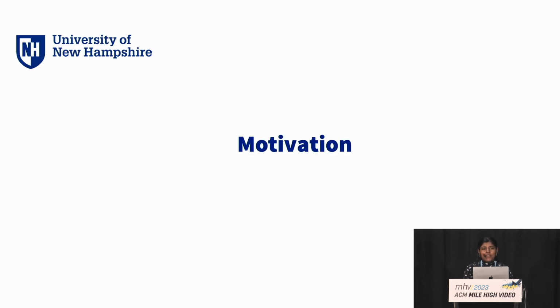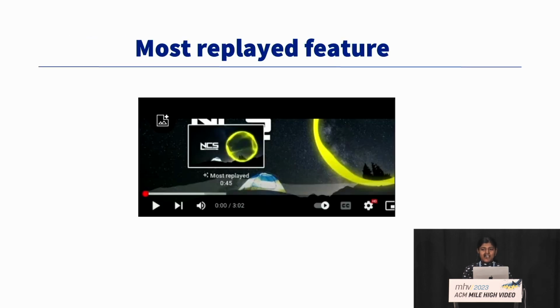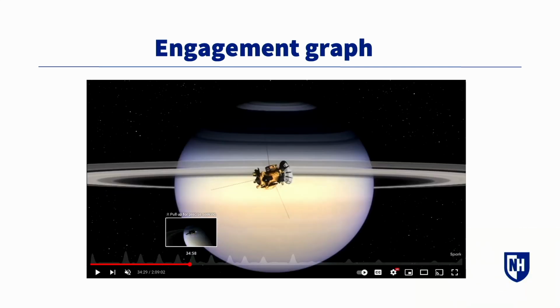And the main motivation for this idea is that YouTube recently came out with the most replayed feature. YouTube rolled out this feature to the public in May 2021. And right now, if you check YouTube, you would be able to see this engagement graph. What do we mean by this engagement graph?